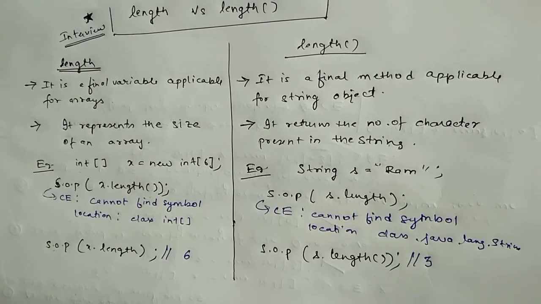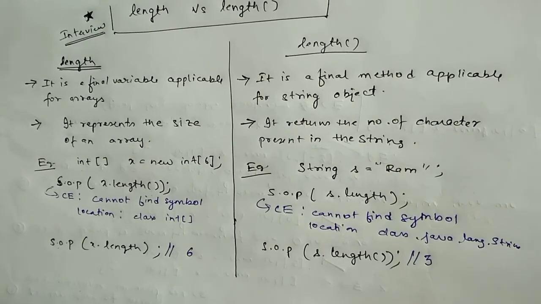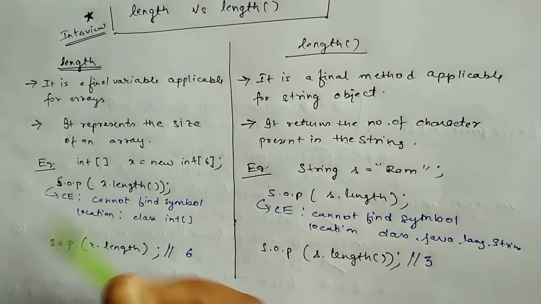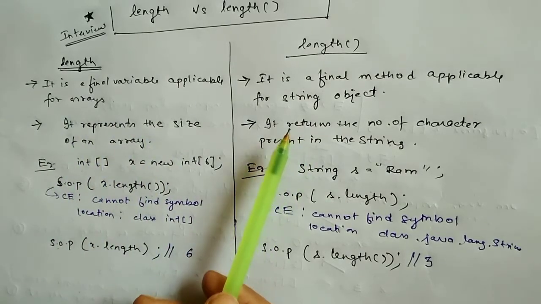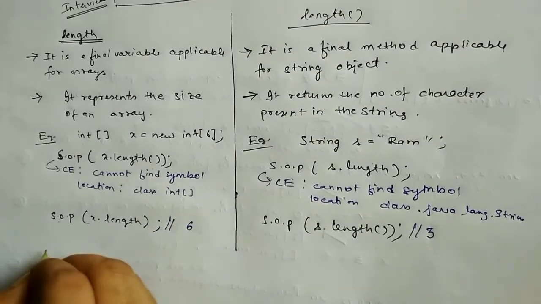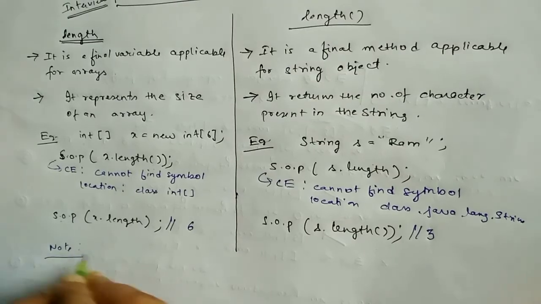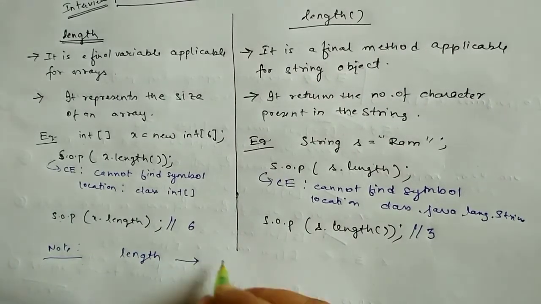So this is the main difference between the length method and the length variable. One more point we have to keep in mind: the length variable is applicable only for arrays but not for strings, whereas the length method is applicable for string objects and not for arrays. We can take a note of this.